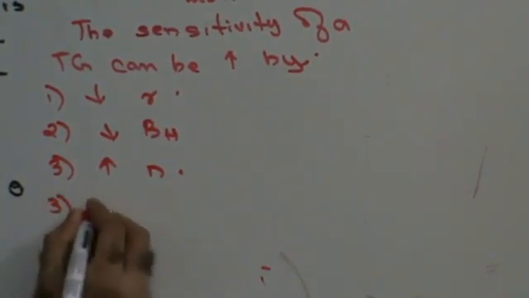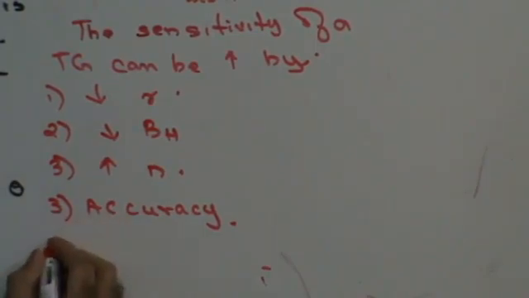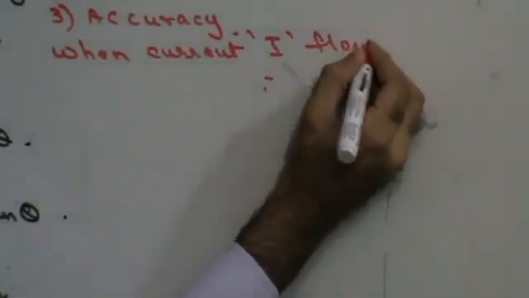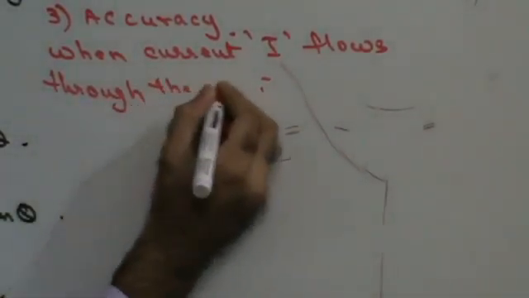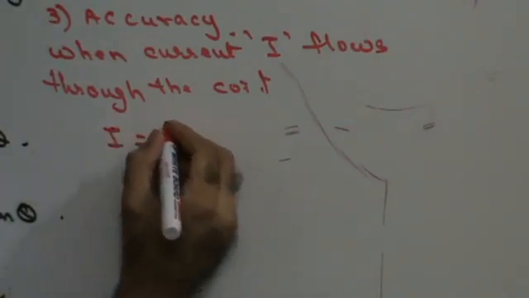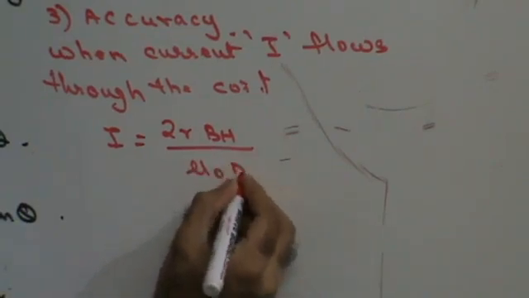Now, once we've done sensitivity, the next thing is accuracy. Now, when current I flows through the coil, I can say that I is equal to 2R BH upon mu 0 n cos theta.